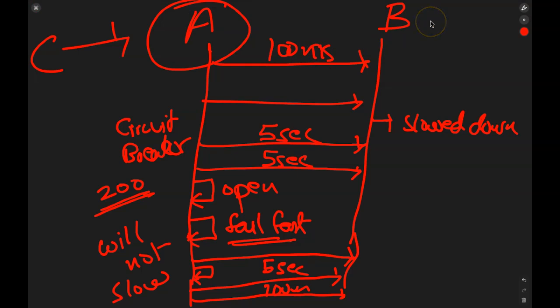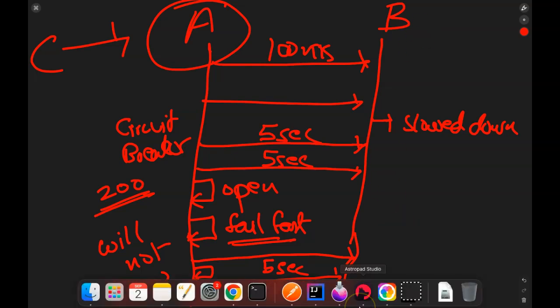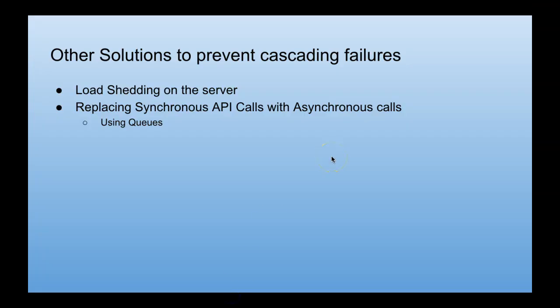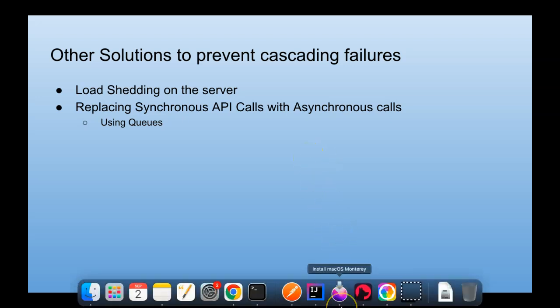So even if service B goes down, messages would start building up in the queue and will not be processed, but service A as such will not be affected. So asynchronous calls are also a good alternative, but it depends on the use case whether you can go with asynchronous calls or not. So these are the other alternatives to circuit breaking.